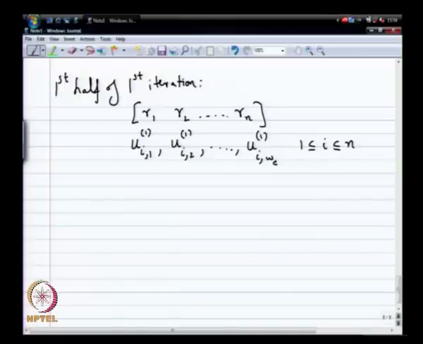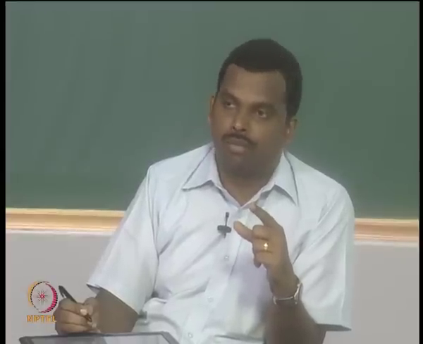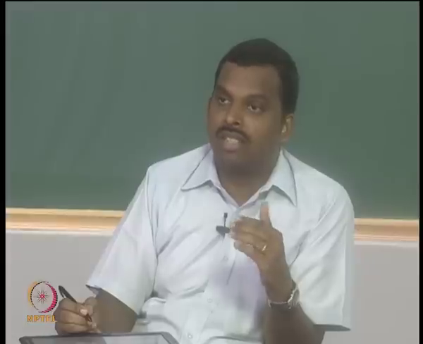And if you took care of the constraint, what is the constraint? The rows of the parity-check matrix do not overlap in more than one position. So that is the generic constraint.